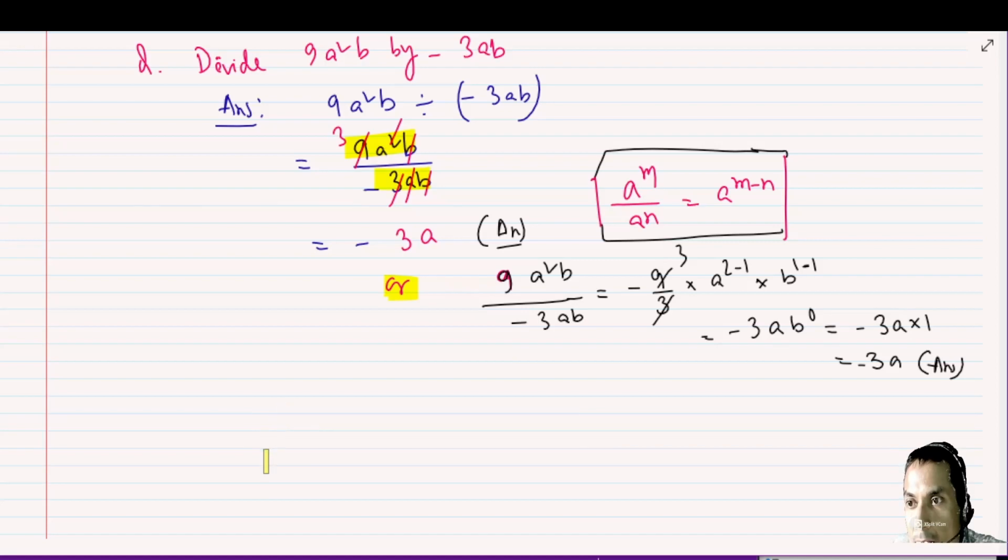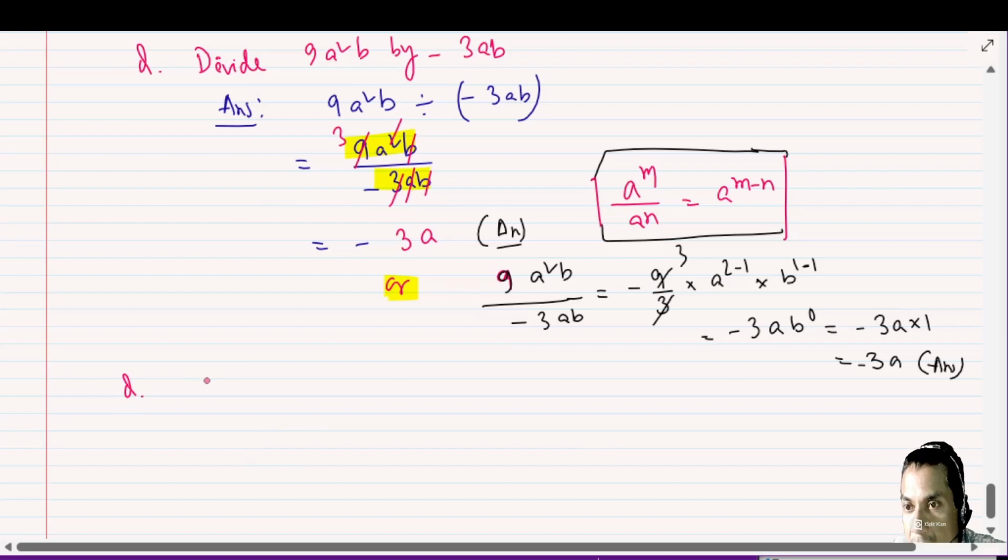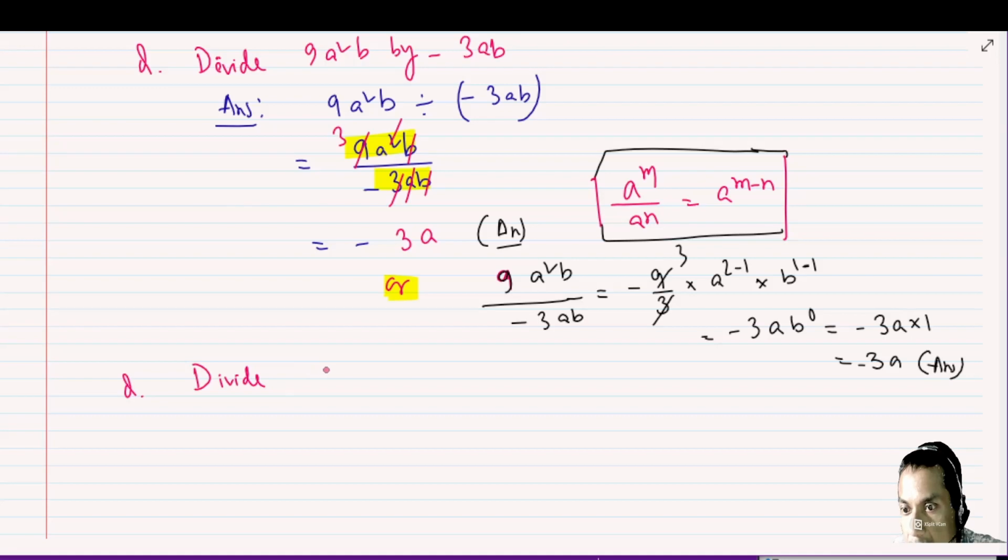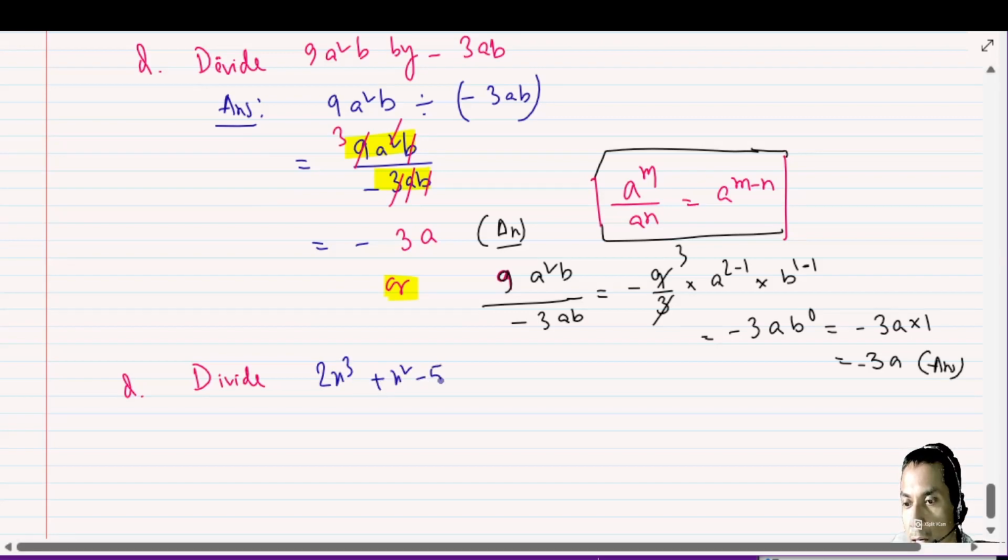Okay, and the second type of example is, if the question says divide 2x cube plus x square minus 5x minus 2 by 2x plus 3.